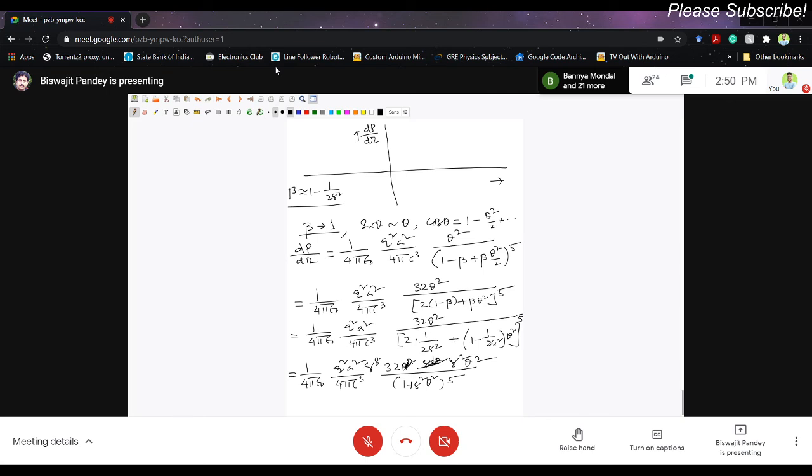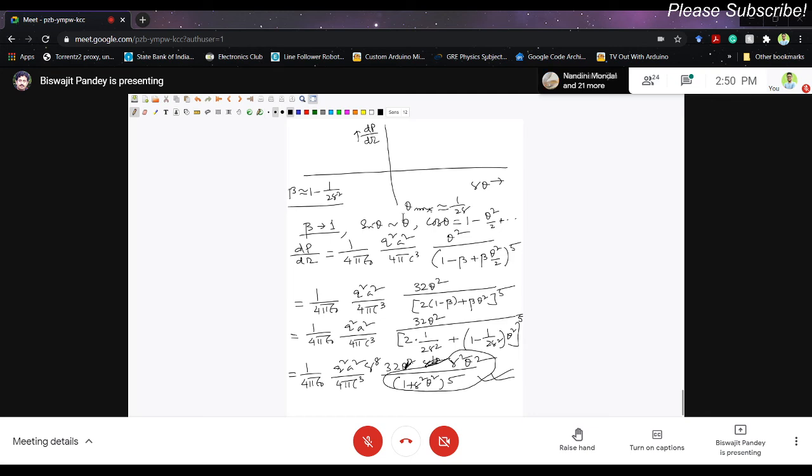So the function, you see, is gamma square theta square divided by 1 plus gamma square theta square to the power 5. This is the function. So if I plot it along the gamma theta direction, how should it look? Of course, you know along which direction the maximum power is emitted. If you remember, theta max was equal to 1 over 2 gamma.